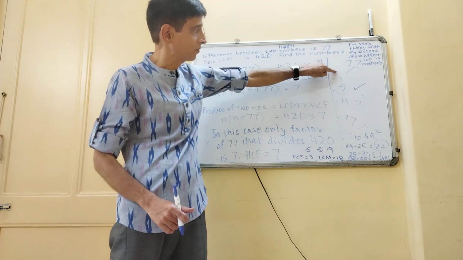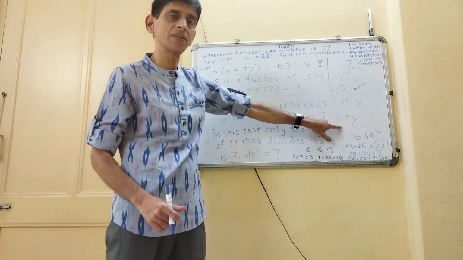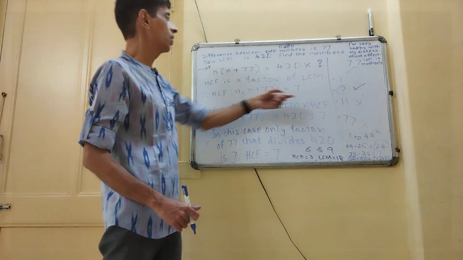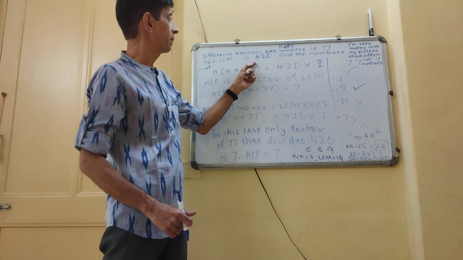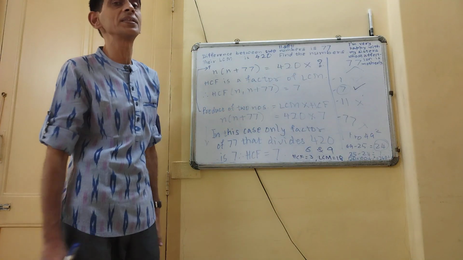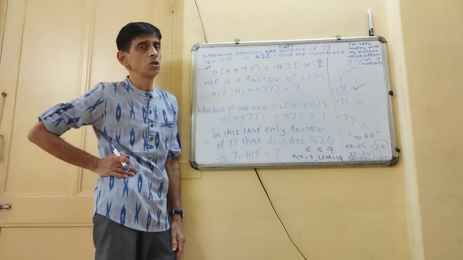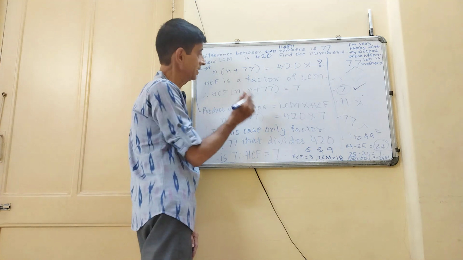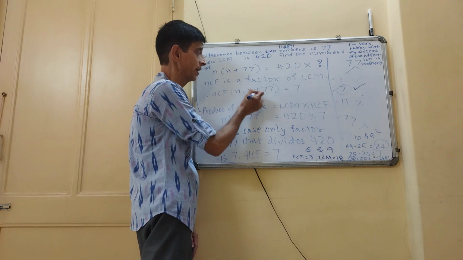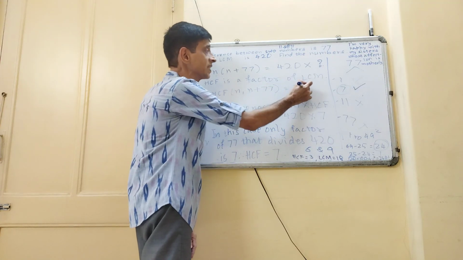The factors of 77 are 1, 7, 11 and 77. Naturally, every number is a factor of itself. Now 1 is of no use, because we cannot make an equation out of that. But does 7 divide 420? Yes, 7 sixes are 42. But 11 doesn't divide 420. So the HCF of these two numbers, n and n plus 77, is 7.